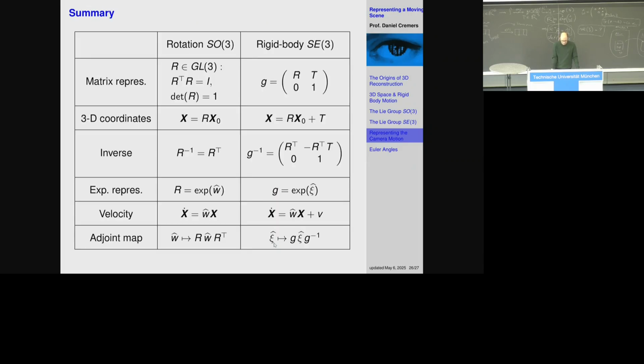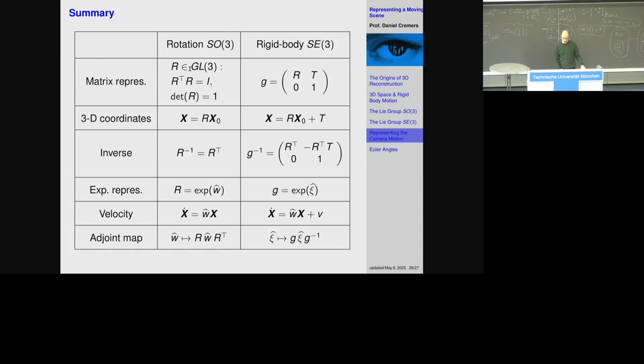So to summarize the aspects that we discussed, this whole idea of Lie group and Lie algebra, we considered two different Lie groups. One was the rotations, SO(3), and one was the larger, six-dimensional Lie group, SE(3), where in addition to the rotation you have the translation as well. And you can represent them with matrices.